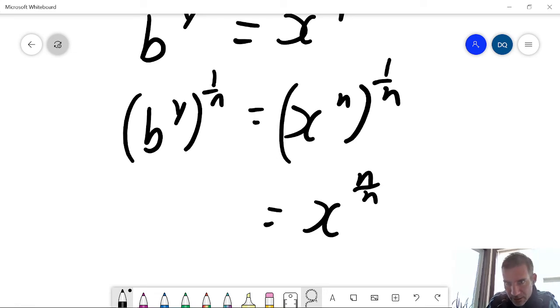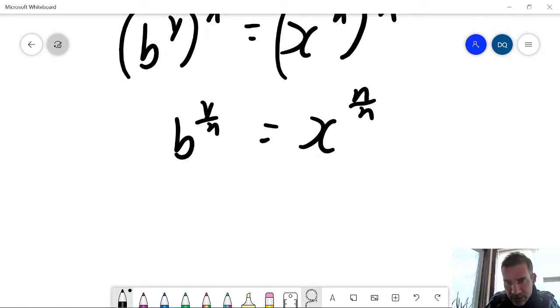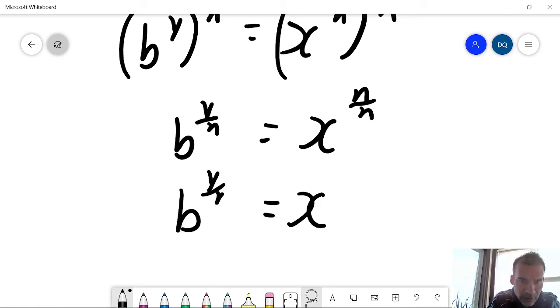Again, that's an exponent law where you get to multiply a power of a power. You get to multiply the exponents. And over here, I've got b to the y over n. Well, n over n, no matter what n is, as long as it's not 0, is 1. So x to the n over n is simply x. So b to the y over n is equal to x.